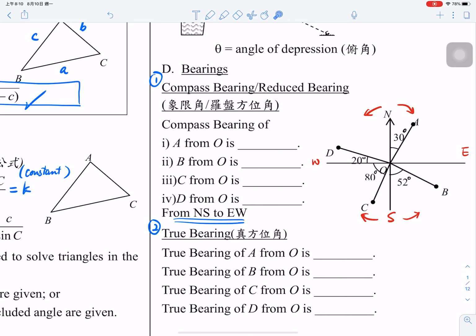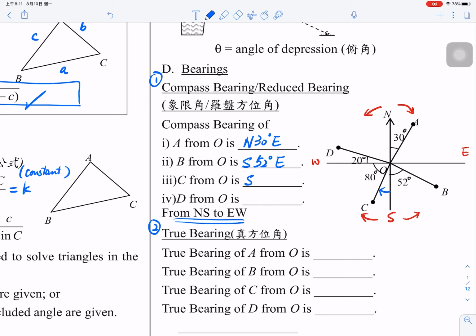So angle here, N 30 degrees E. Here is east. And here read the angles. Start from north, so 30 degrees. How about B? Read the angles from south to east, right? So S, E, and inside 52 degrees. Okay? How about C? Remember, you read the angles from south to west.